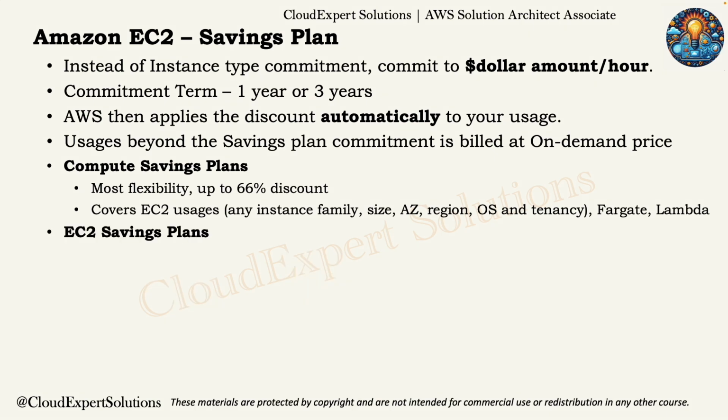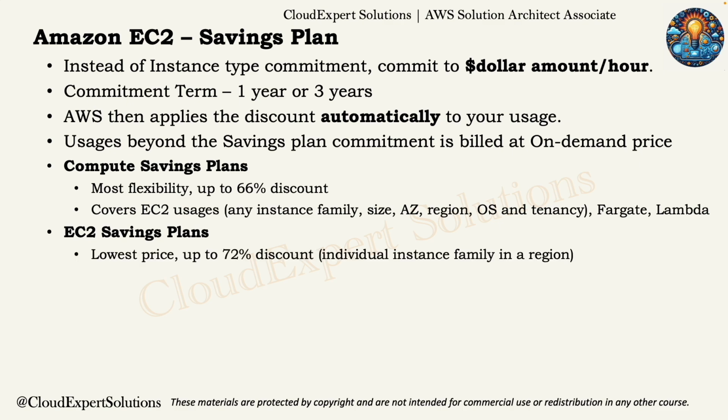The next in the category is the EC2 Instance Savings Plan. EC2 Instance Savings Plans provide the lowest prices, offering savings of up to 72% in exchange for a commitment to usage of an individual instance family in a region. That is, you need to reserve for, say, M5 instances in Northern Virginia.